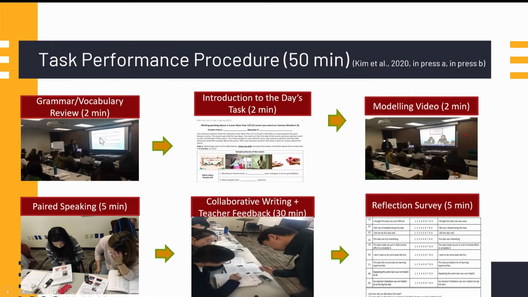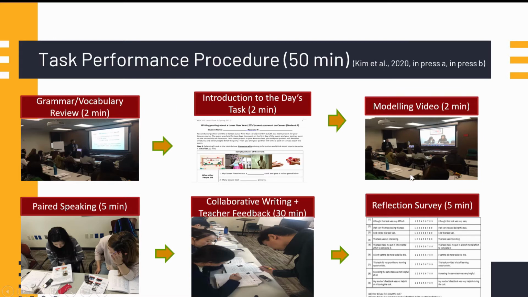So this is just a lesson plan that we followed. During this 15-minute class time, students had a grammar and vocabulary review followed by the formal instruction provided earlier, and we introduced the task.